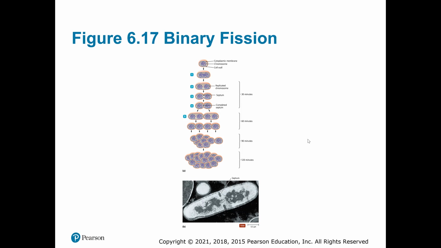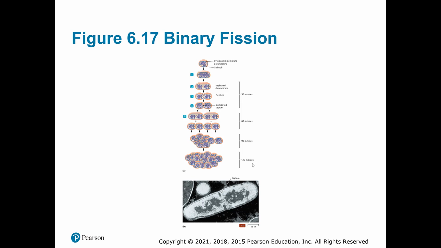So we talked a little bit about fission in chapter 11. This is showing you that one cell can turn into lots of cells in a relatively short amount of time. Just a matter of hours, really.